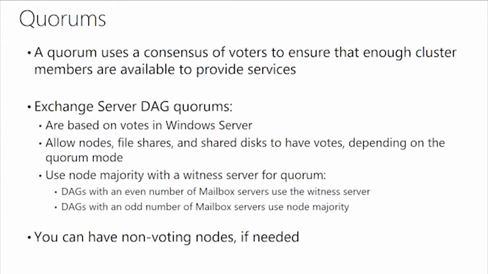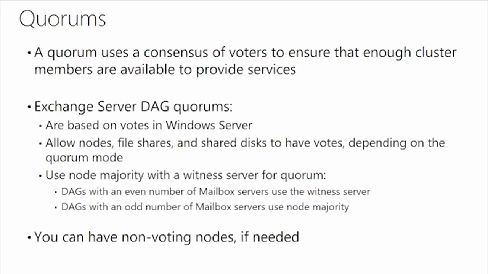We talked about quorums a little bit, but let's go into a little more detail. A quorum is the mechanism that Exchange uses to get consensus across all the member servers to say who is currently serving users, who's not serving users, and so on. This is to prevent a split brain scenario. Say you have 6 servers, and 3 of those servers are in one data center and another 3 are in another data center, and there's a network problem between the 2.